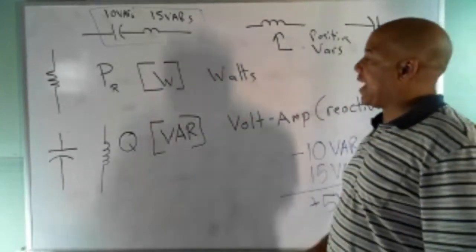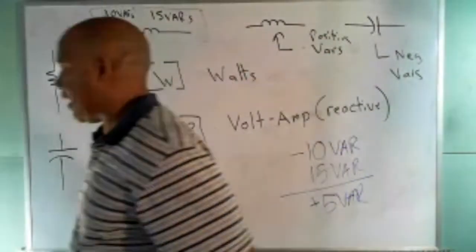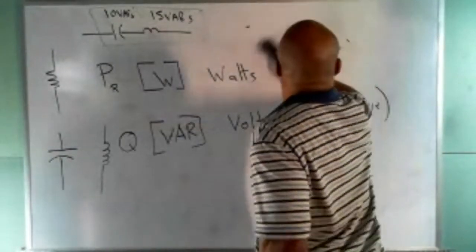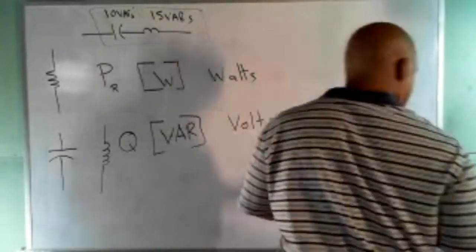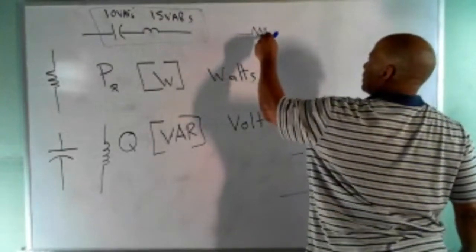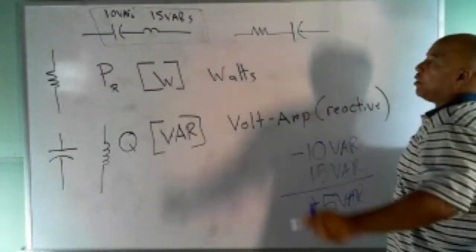Well, what if I have a combination? If I have resistance and reactance, what do I have then? I can use a resistor and an inductor, and put both there.